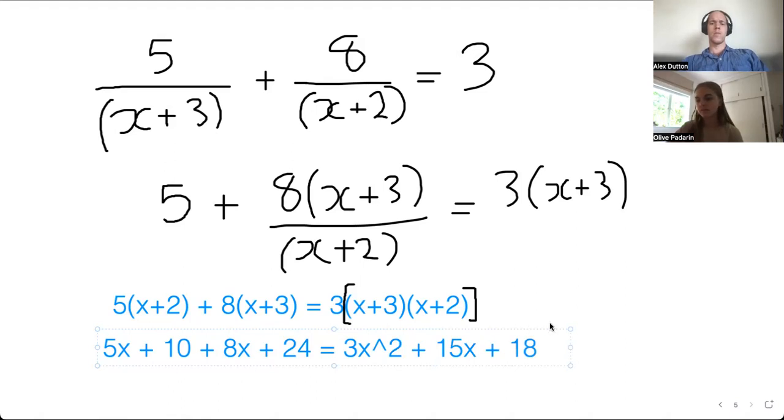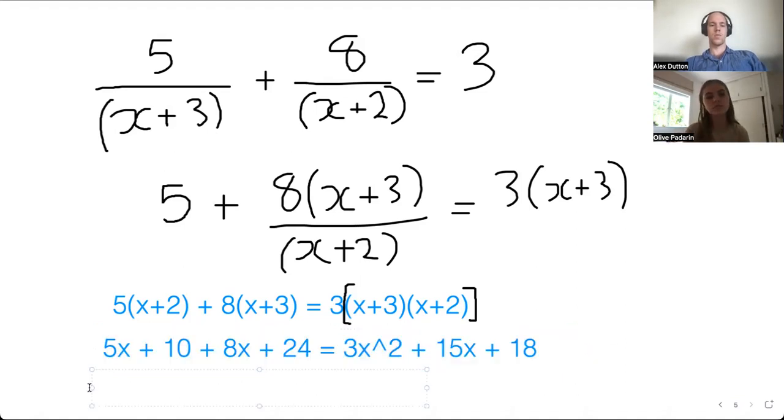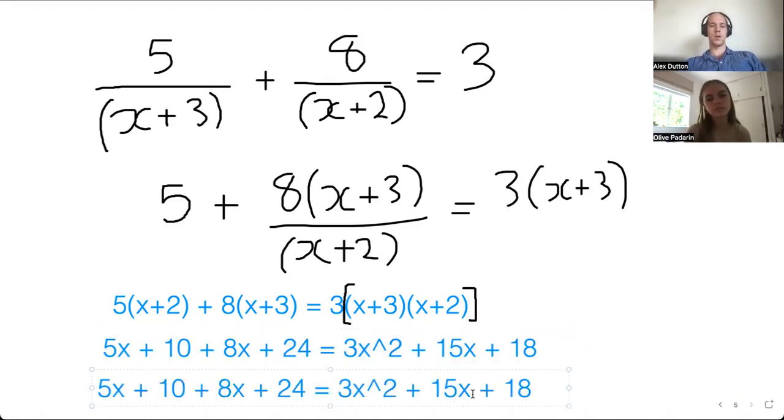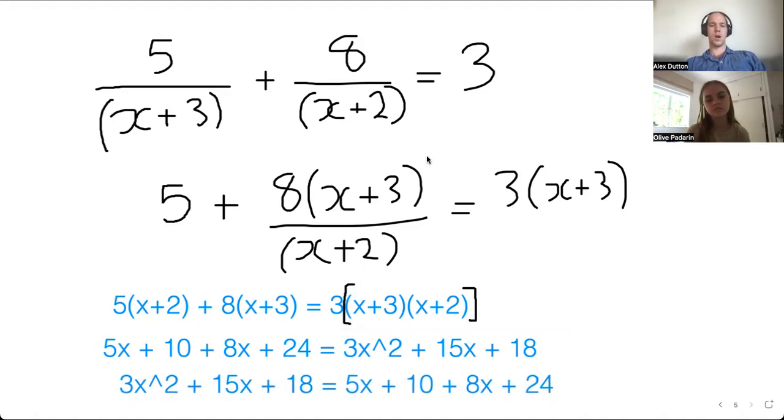Okay, so generally, what I find is it's easier to do, you don't want to be dealing with negatives on the x squared term. So what I will actually do is just flip these two around. Can you see it? So I'm just going to swap the left and right.